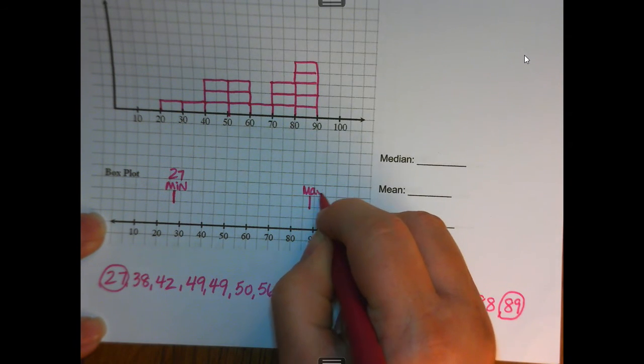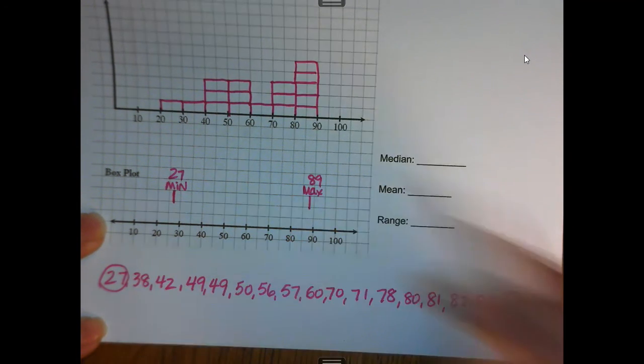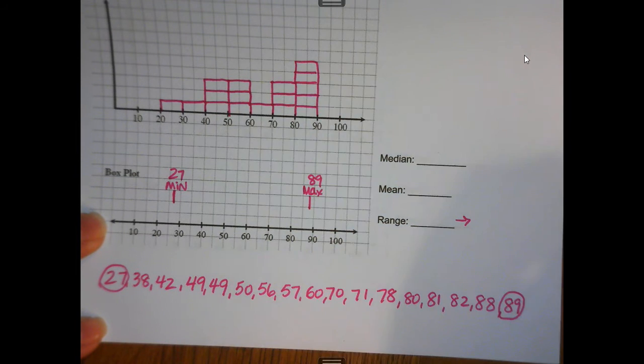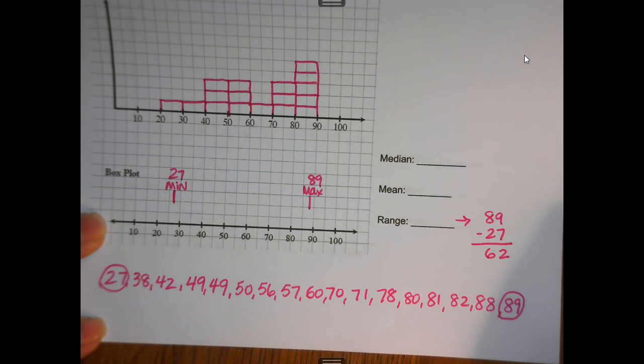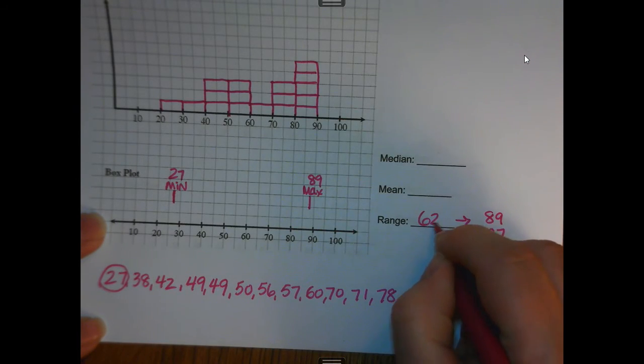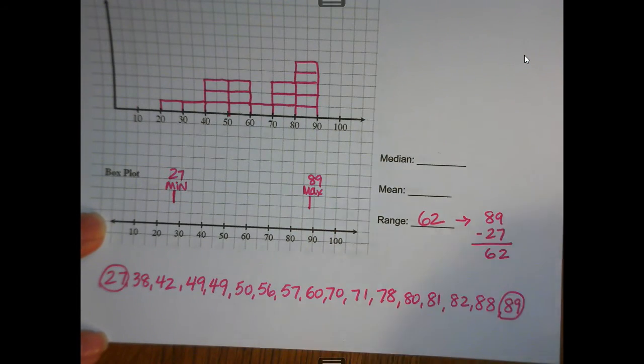Max, and that's 89. To find my range, I can subtract those two numbers: 89 minus 27, and I get 62. So that's my range.